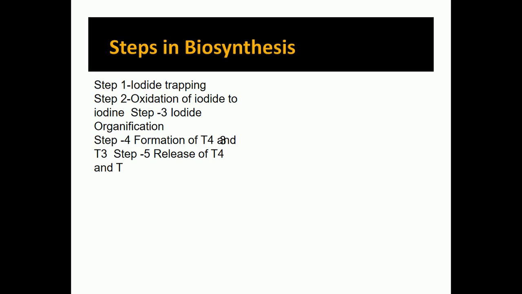Now these are the steps of biosynthesis: how triiodothyronine and thyroxine are produced, how they are formed inside the body. The first step is the phenomenon called iodide trapping. The iodide becomes trapped inside the cells.